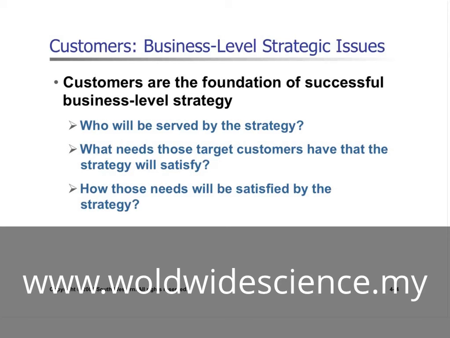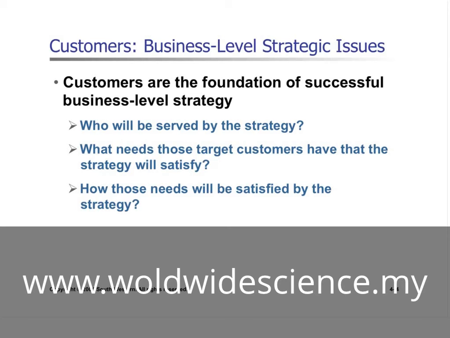So whoever they are, what needs of theirs are you going to satisfy? Customers have several different types of needs. The same customers can have different needs, and those needs should be satisfied. But you are going to decide that your company is going to satisfy this number of needs of the customers you chose to help. So basically, that's your next big step.